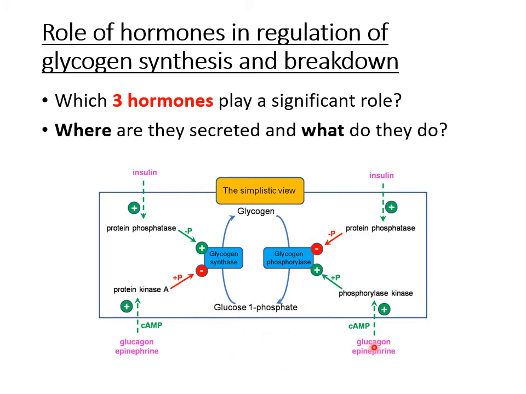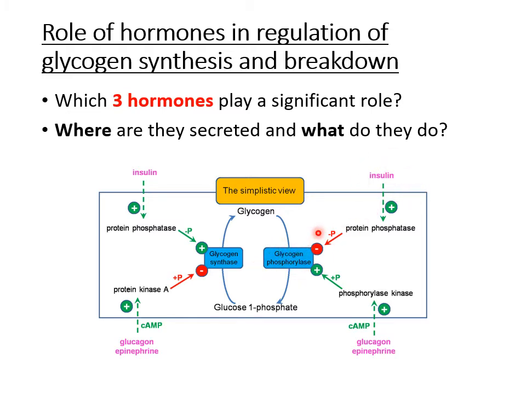Now, when you think of insulin increasing glycogen synthesis and glucagon and epinephrine increasing glycogen breakdown, that means that they'll then also oppose the opposite, meaning glucagon and epinephrine you see are blocking glycogen synthesis, because instead they're for when you want glycogen breakdown, and you notice that insulin will block glycogen breakdown.